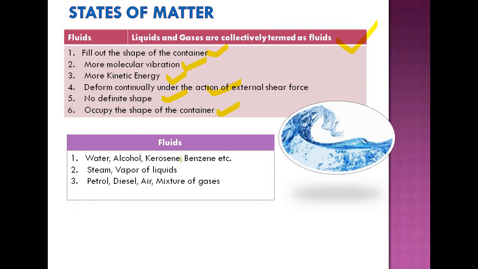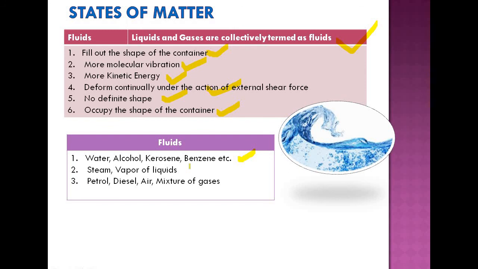I have already stated water, alcohol, kerosene, and benzene as examples of liquids. Then steam, as well as vapor of liquids. So what is the essential difference between steam and vapor? If you take water, its normal boiling point at 1 atmosphere pressure is 100 degrees Celsius. So water at 100 degrees Celsius is termed water vapor.